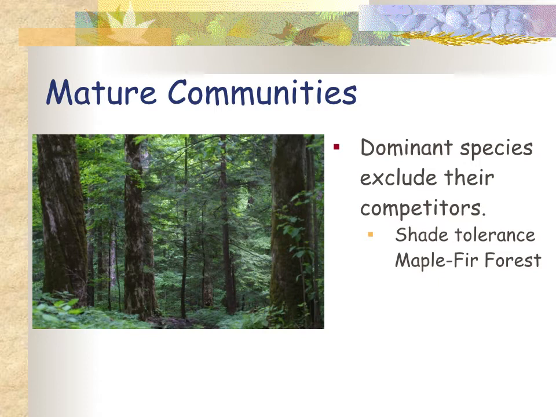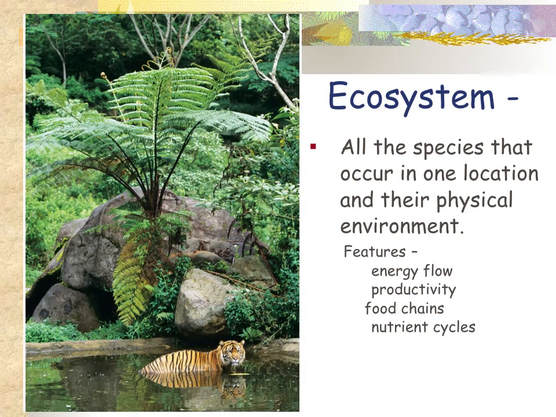But communities also affect their physical environment. And we should talk about physical environment because that's one of the things that we're most concerned about. How communities trap energy and become productive, how that happens in food chains, and then how nutrients move through the community, because it turns out that's really important, and we'll talk about it a little this week, but even more next week.